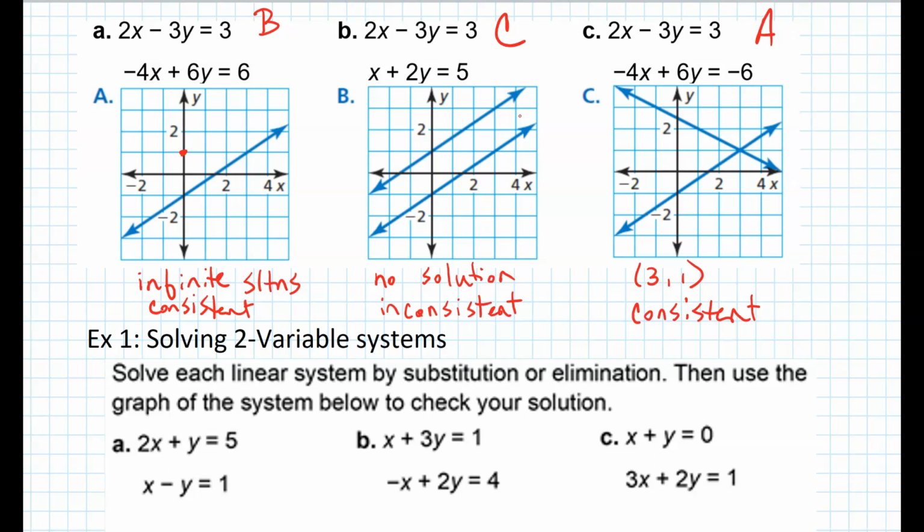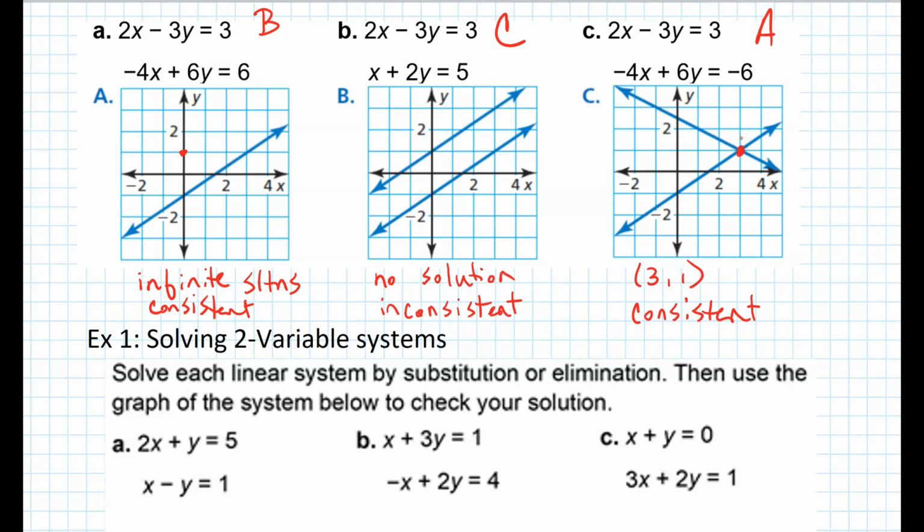And so therefore it's an inconsistent system, just because there's no way to ever find a solution. Okay, and then for A, is it just infinite solutions because they're the same line? It's the same line, yeah. And then the other one is just one intersection? Only one. This is the only solution for this system.